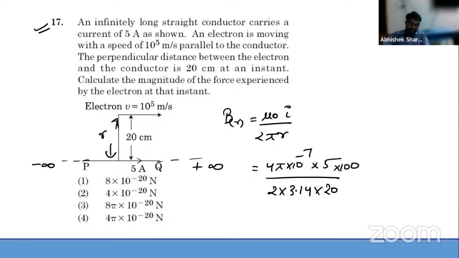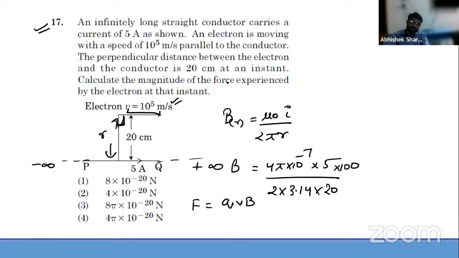Now what's the next thing? Now they're asking what is the force experienced by that electron which is moving with speed 10 to the power 5 meter per second parallel to the wire. So very simple. It's making 90 degrees with the field. It's the QVB force, QVB sine 90. Sine 90 degrees, how much? 1. So QVB. Put the values.